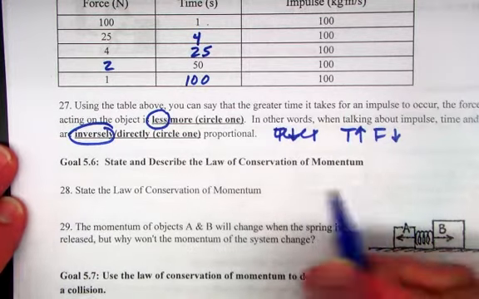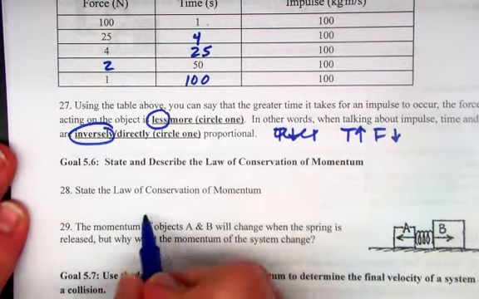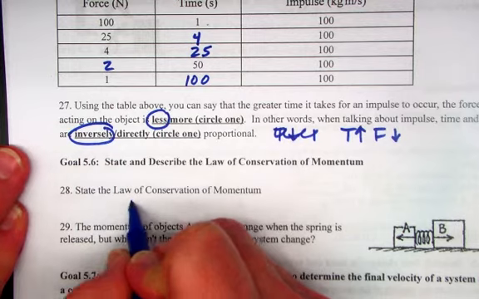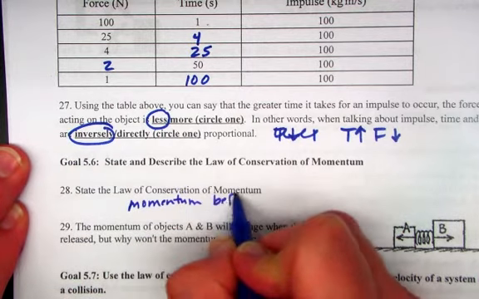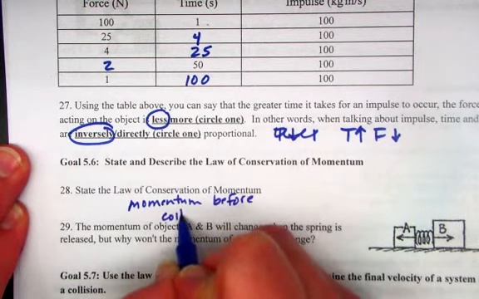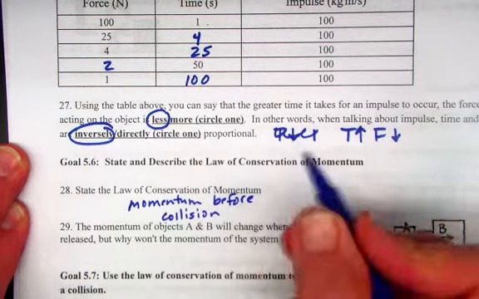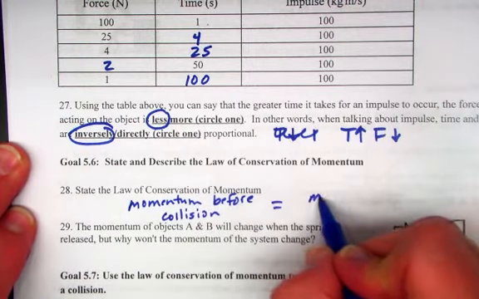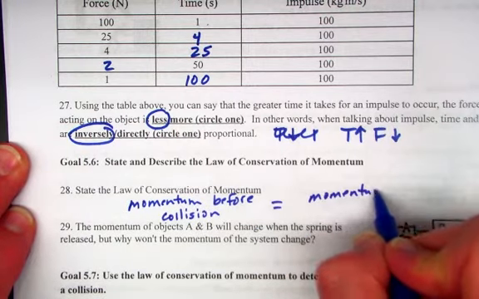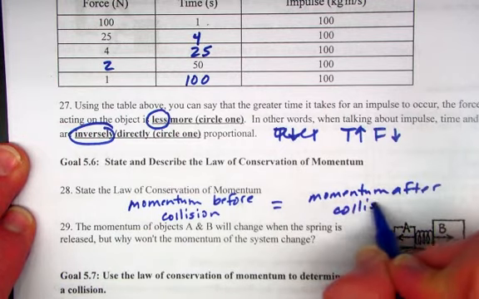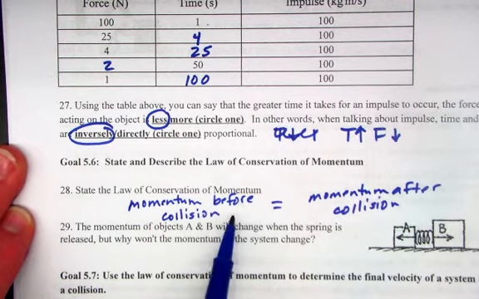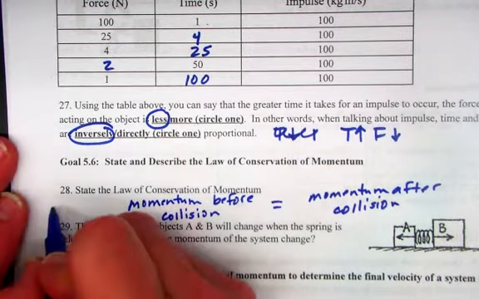So basically, we could shorten this up and say the momentum before a collision equals the momentum after the collision.